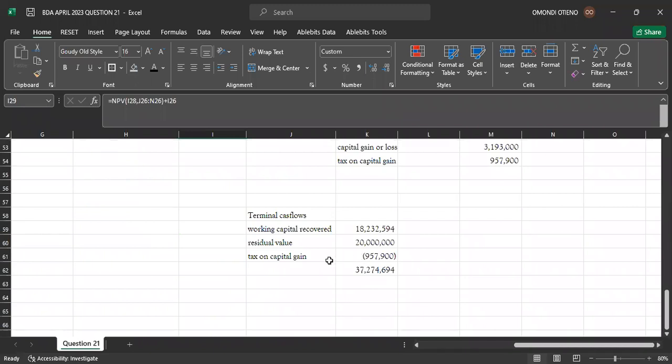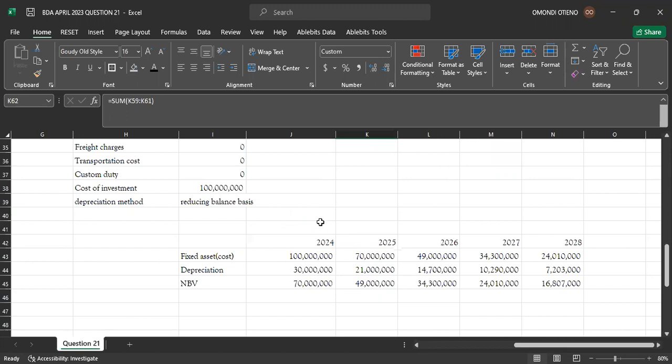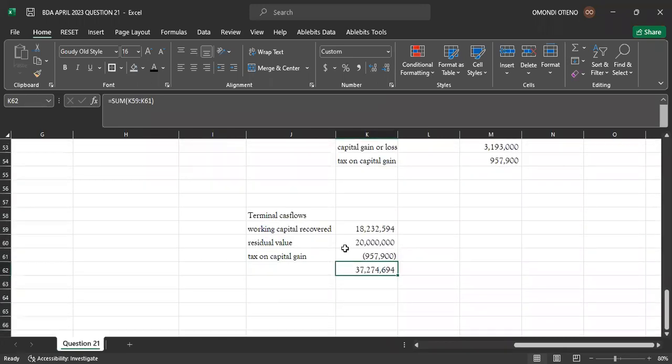You can say you come at this point, the working capital recovered, you have a wrong figure. Residual value, you have a correct figure because you're just going and picking that. So for you not to get 0, remember, if you carry a wrong figure, you are going to get 0. Why can't you split those items here so that at least you have one tick for the residual value?